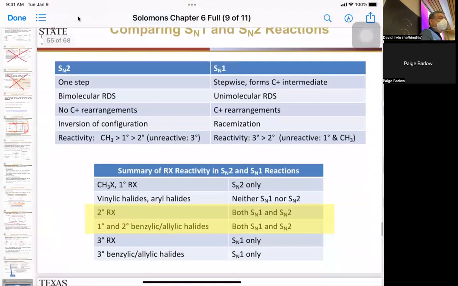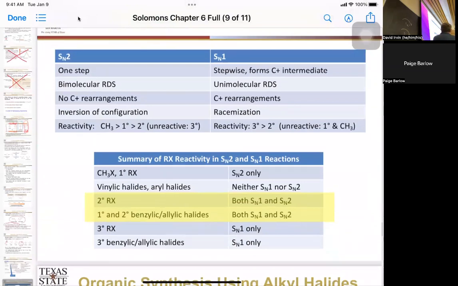All right, so if we want to do a full summary on all these, SN2 is a bimolecular reaction, second order reaction, and one step. SN1 forms at least one intermediate, sometimes two. If it rearranges, that's a second intermediate. So it's a stepwise reaction, unimolecular, rate order one.